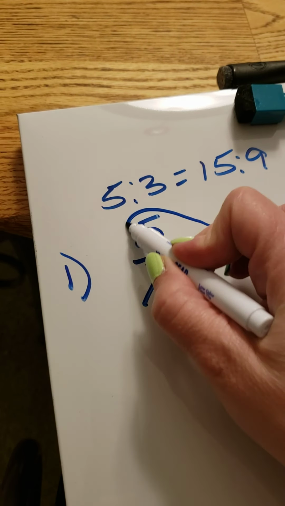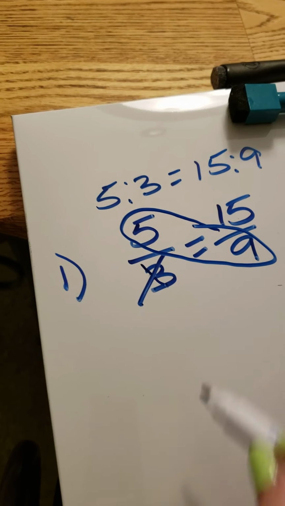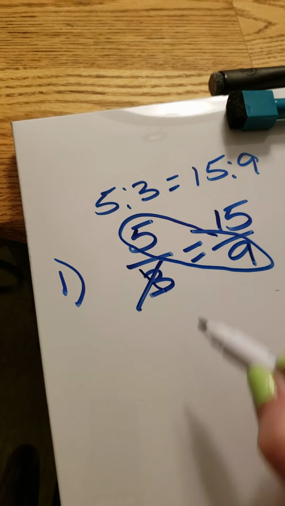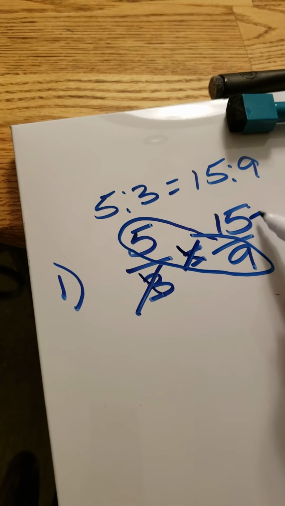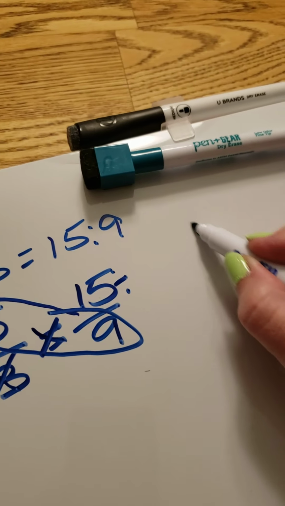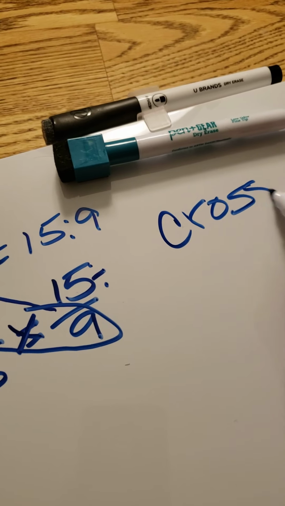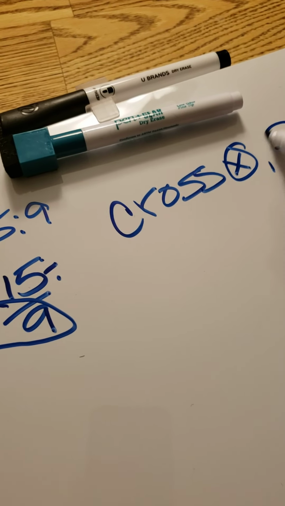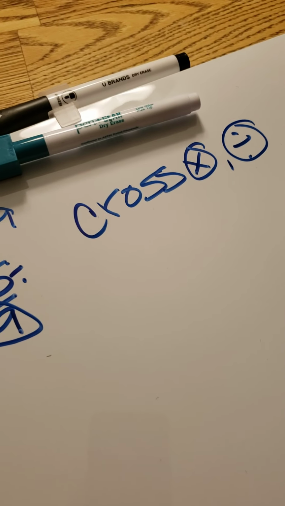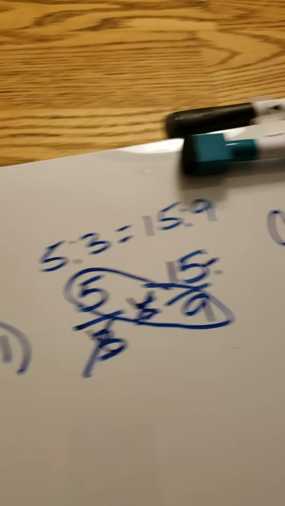I'm going to circle my diagonal numbers, multiply those numbers, and then divide by my lonely number. So, good little lesson: cross, multiply, and divide. That's what we're going to be doing all throughout this lecture.